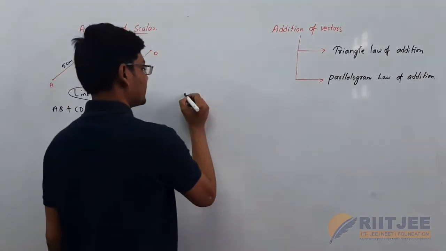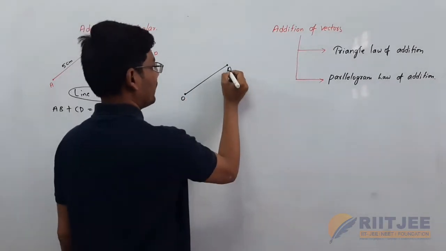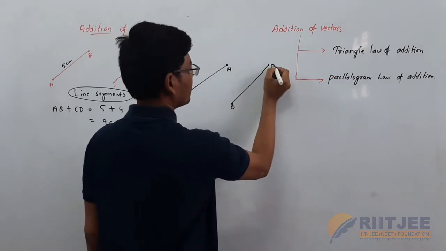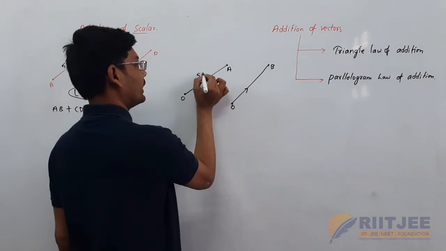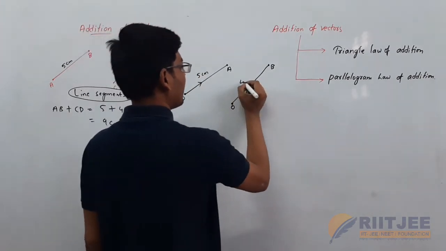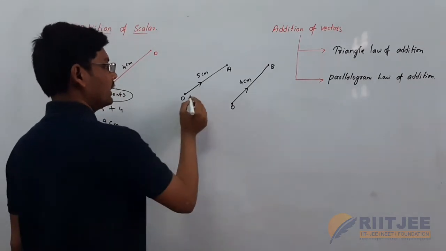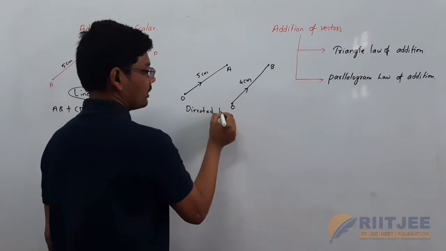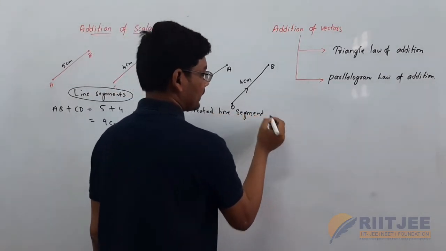Simply, you can take this as vector OA and this as vector OB. These are directed lines. It is having 5 centimeters magnitude and it is having 4 centimeters magnitude. The vector here is a directed line segment.